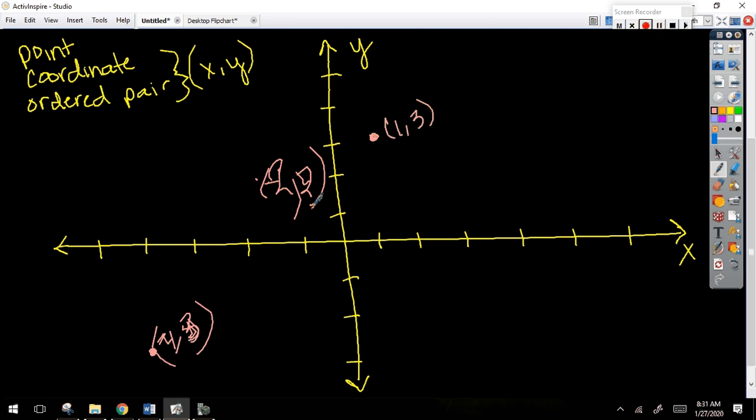One more. (5, -2). Good job. It's kind of hard here. There you go. I'll write the coordinate. Thank you. Good job, guys. Thank you for volunteering.